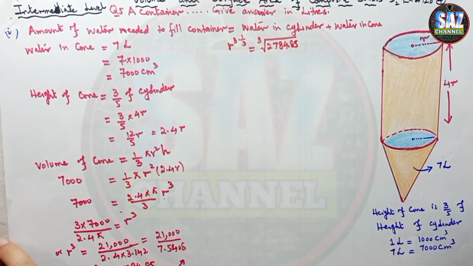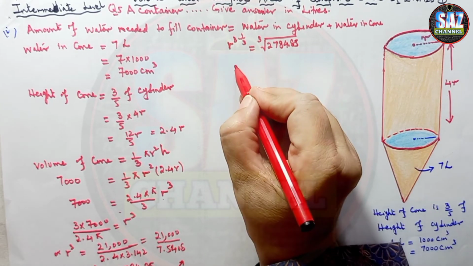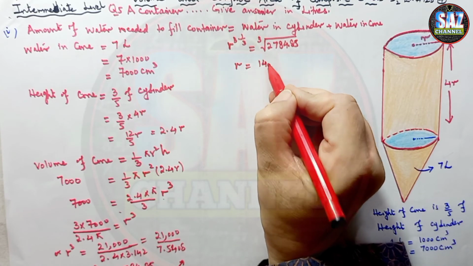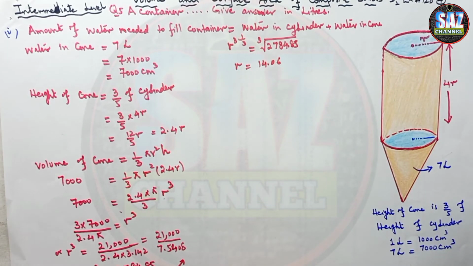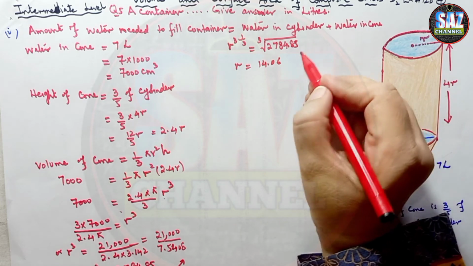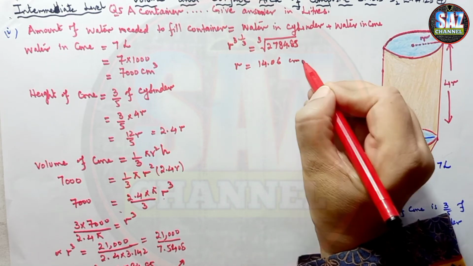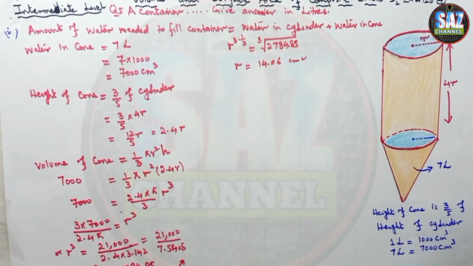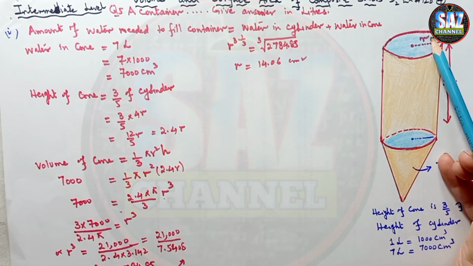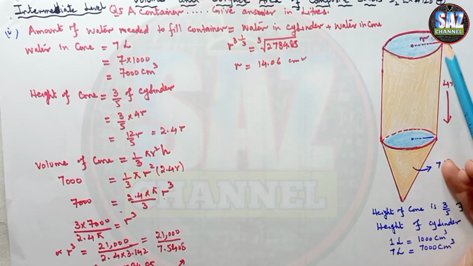Cube root, shift and cube, 2784.85, and this gives me 14.06. r equals 14.06 centimeters. Now we have the radius of the cone with us, and the same radius is for the cylinder. That means we have the radius of the cylinder with us.